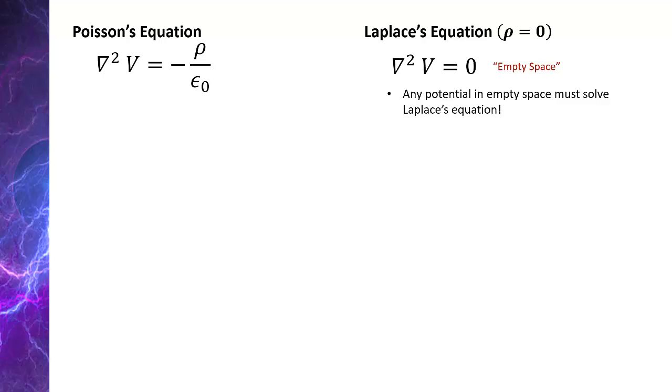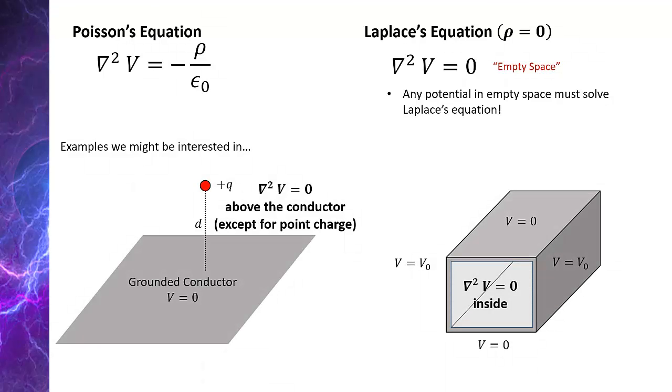Some examples that we're going to be considering, just to have in the back of your mind, could be of these two types or some other similar ones. Let's imagine on the left here we have a grounded conductor, so the electric potential is equal to 0 everywhere on this conductor. Then we have a point charge of plus q, some distance d above that grounded conductor.